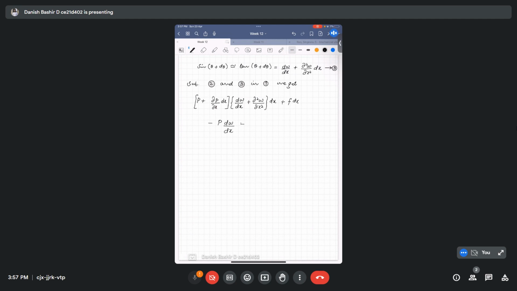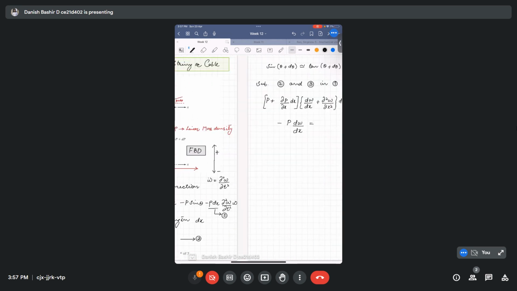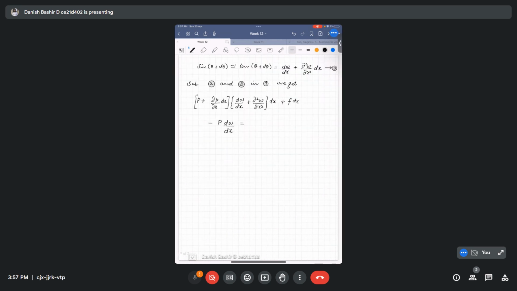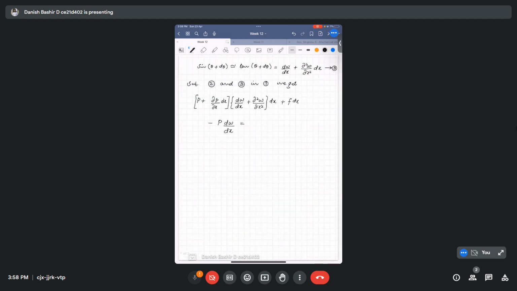And we will transpose this term to the right hand side. Okay, so this will be equal to rho of x dx dou 2 w by dou t square.